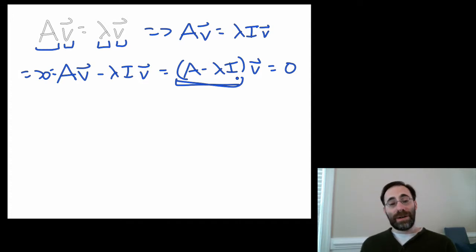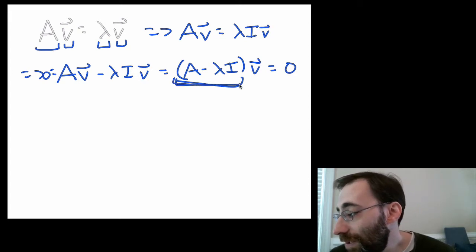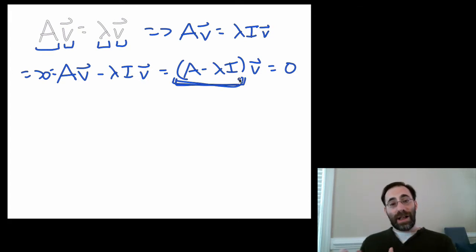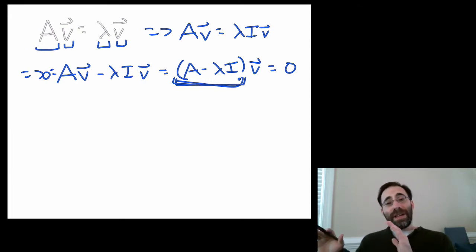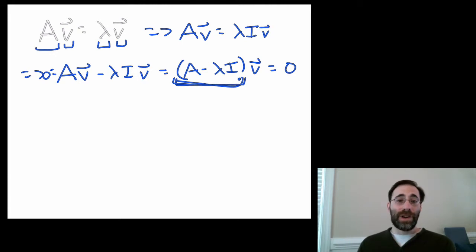And the fact that it's 0 means we can find a linear combination of the different elements of v, which means that the columns of this matrix are not linearly independent. The rows are not independent either, which means this matrix is singular. We don't have a set of linearly independent rows or columns, which means the matrix A minus lambda I is singular.